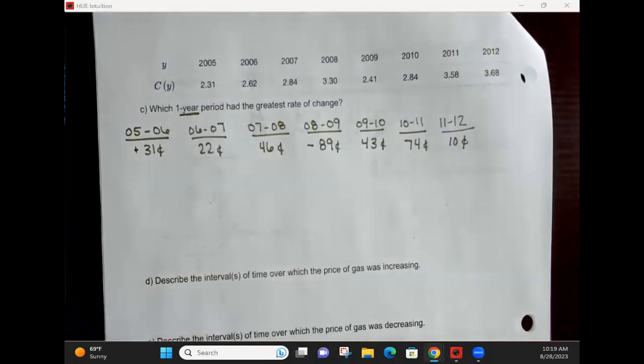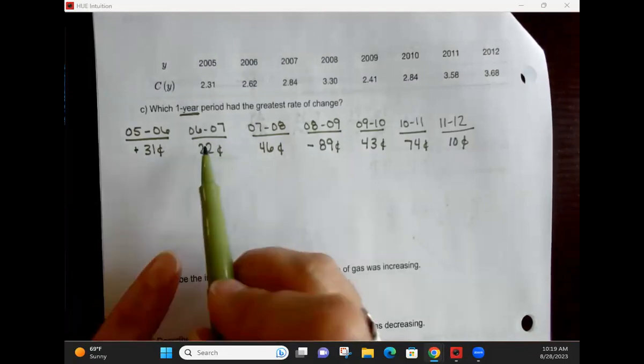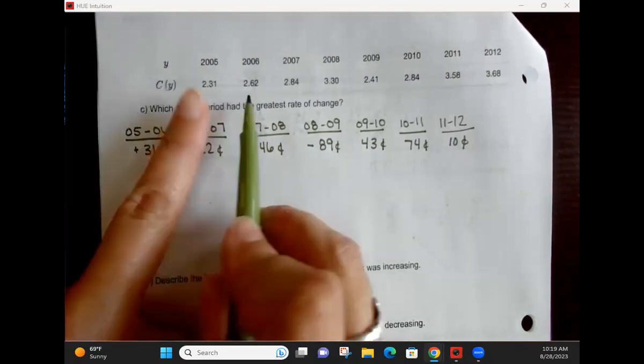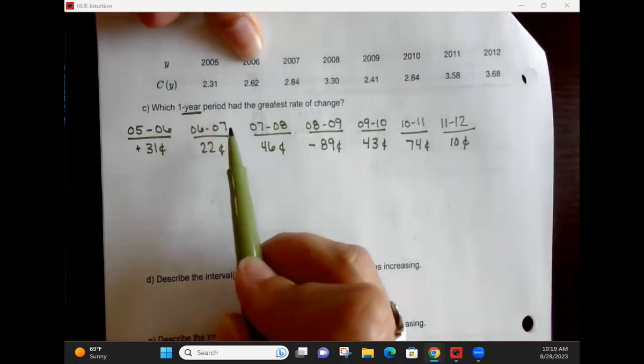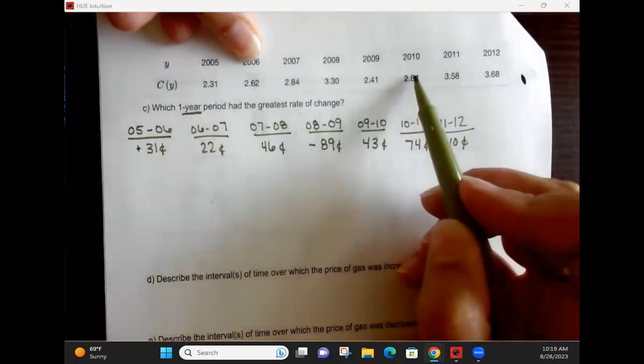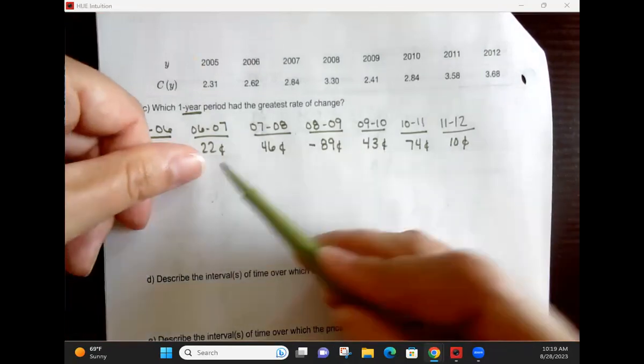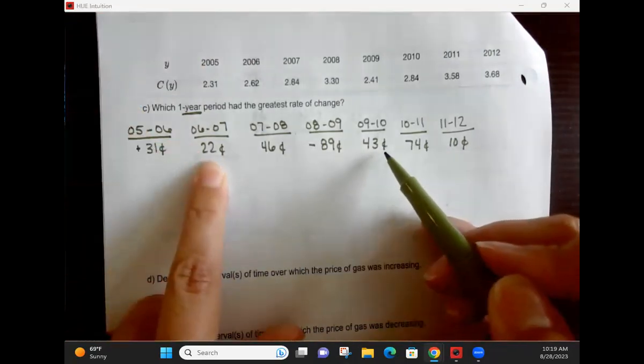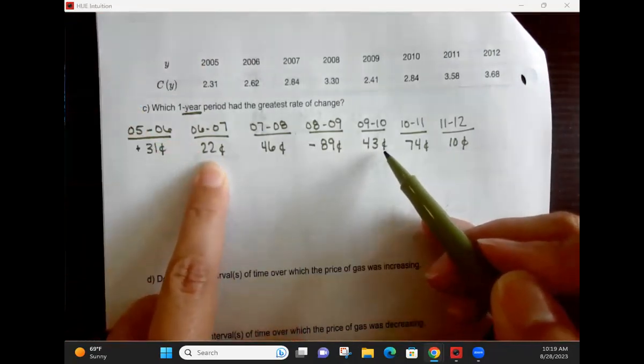Now, before we answer part C, I want to remind you of the question that we just answered, which was what was the average rate of change from 2006 to 2010? Okay, so we're looking at about this period, and we got 5.5 cents.